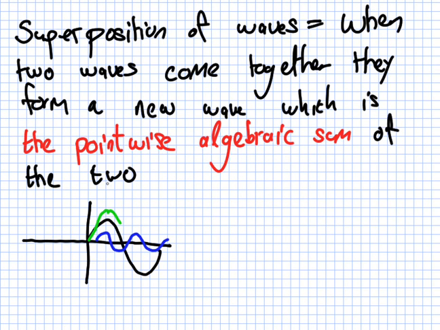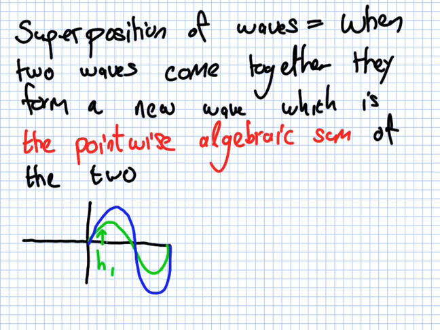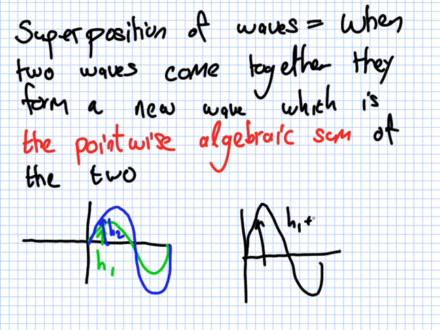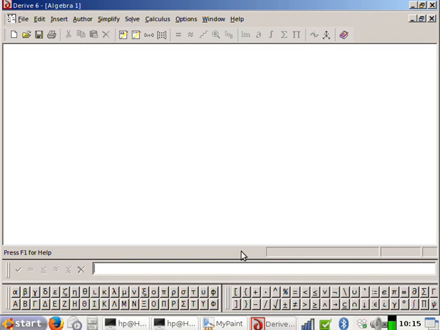But to put it a little bit clearer, if you have one wave here and its height, let's call it h1, and then you have another wave here, let's say its height at the same spot is h2, then the new wave it makes, its height will be h1 plus h2. They add together as simply as that. I'll show you this with a graph.